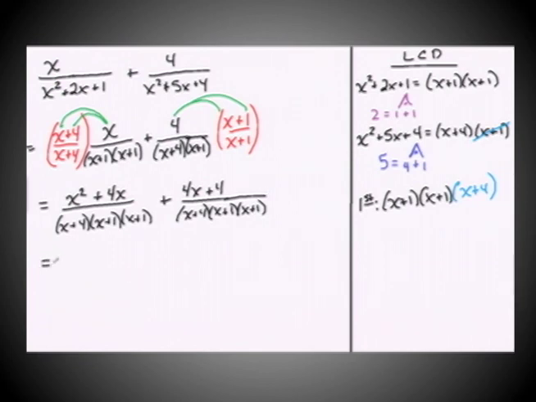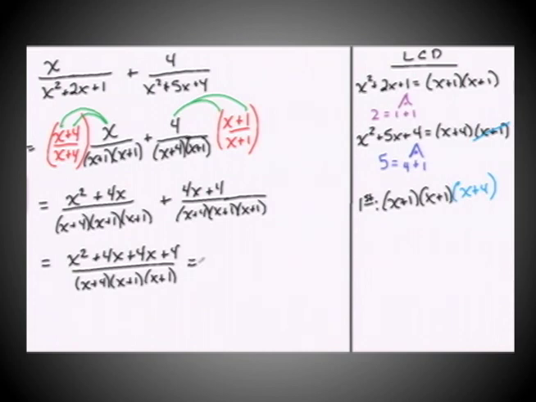All right, so now we're going to combine our numerators over our common denominator. So x squared plus 4x plus 4x plus 4 over our common denominator, x plus 4 times x plus 1 times x plus 1.